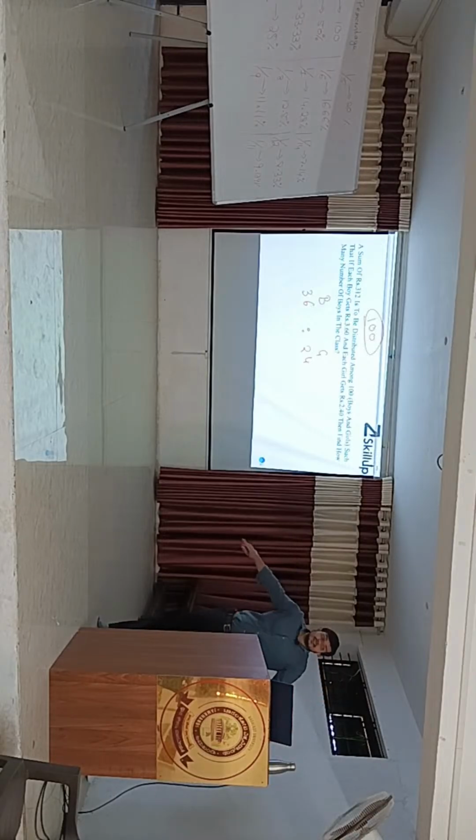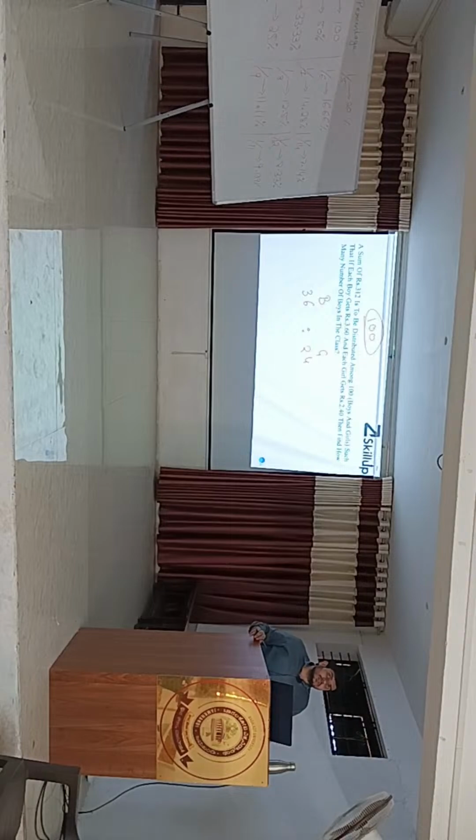Now what is the ratio between that? Divide by 12: 3 is to 2. Total is 3 plus 2, 5 parts, which is 100 students. One part is how much? 20. How many boys are there? 3 parts, so 3 parts is 60. 2 parts is 40. So 60 boys and 40 girls.